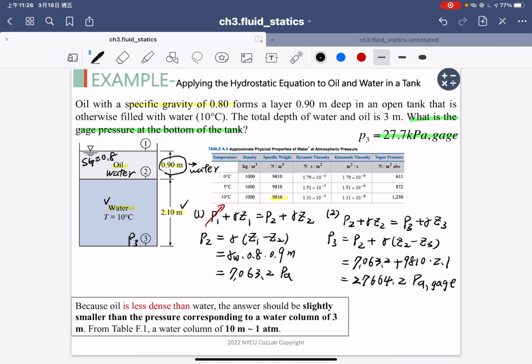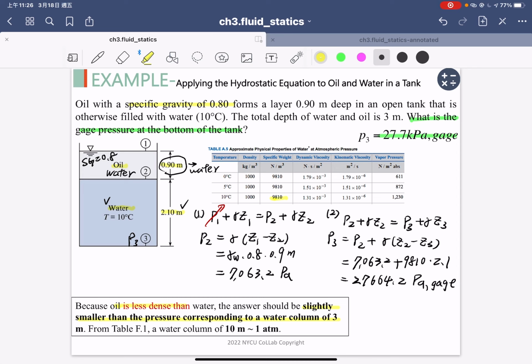Same depth, but if I replace the bottom liquid with water, the pressure will increase. So for these conditions, the oil is less dense than the water, so the pressure will be slightly smaller than the pressure corresponding to the water column with 3 meter depth.